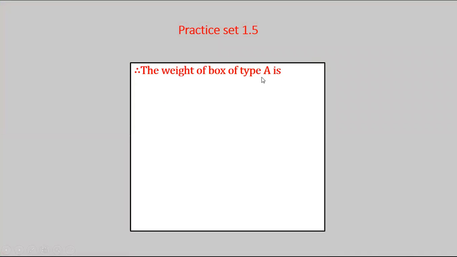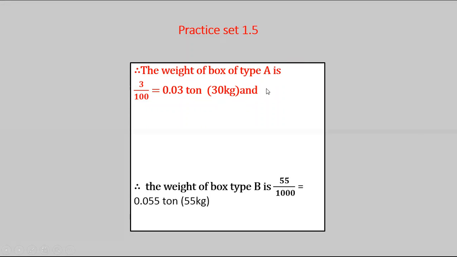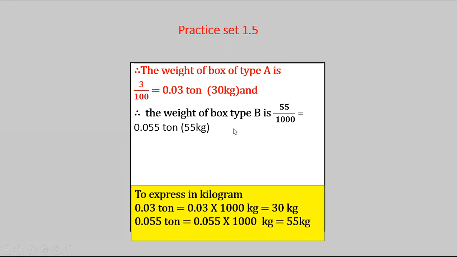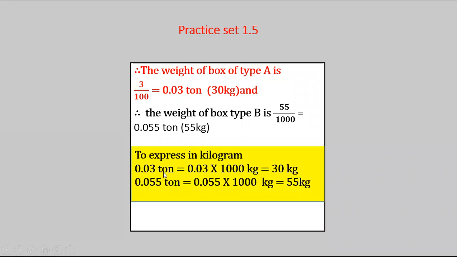The weight of a box of type A is equal to x. The value of x is 3 upon 100 or 0.03 ton. When we convert it into kilogram, multiply by 1000. The weight of a box of type B is 55 upon 1000, that is 0.055. To convert into kilogram in this way: 0.03 ton, 0.03 multiplied by 1000 kilogram, then you get 30 kilogram.